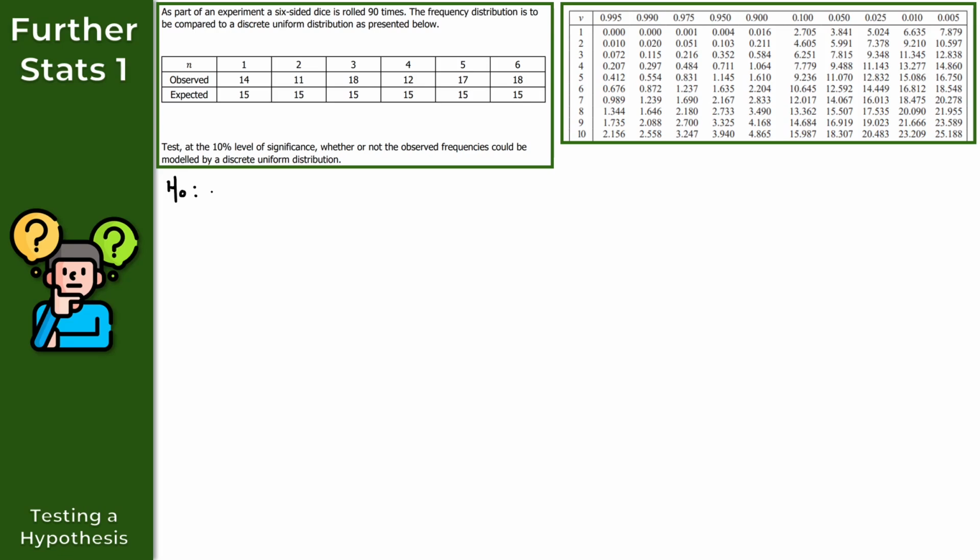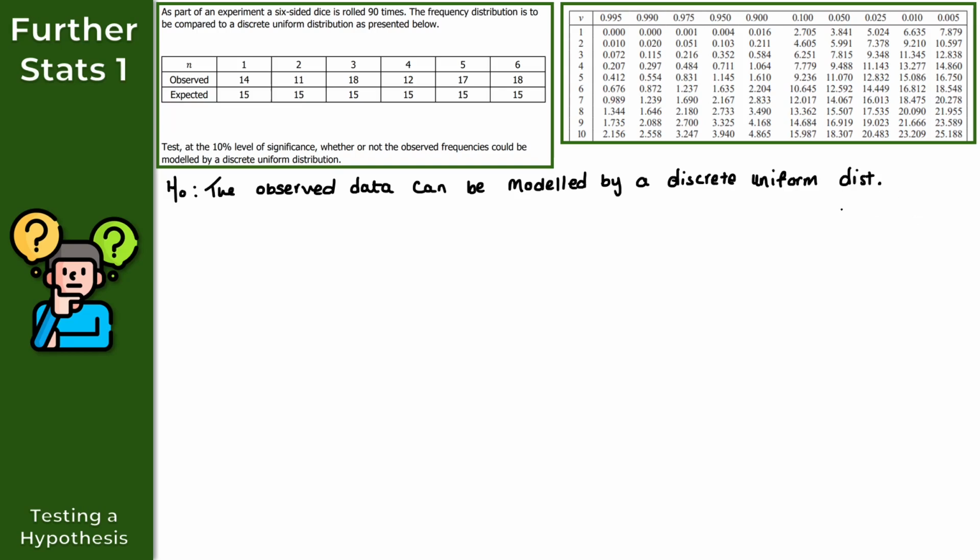So let's start by writing that down: the observed data can be modelled by a discrete uniform distribution. So that's all we need for H0.